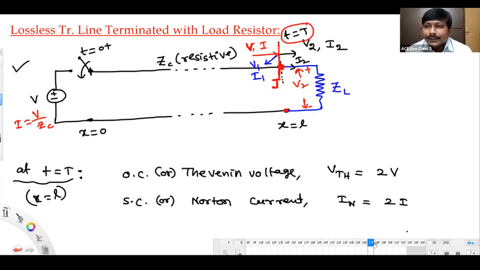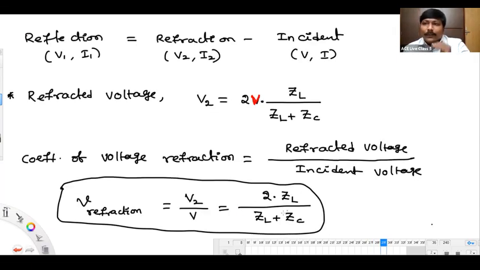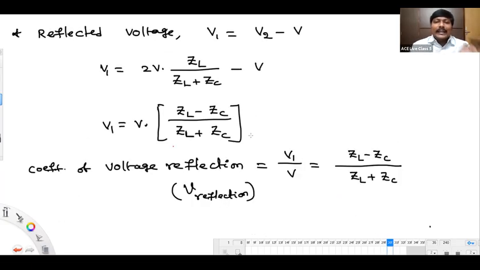I think all of you are getting it. At some other time, we have a different value of incident voltage, something like Vx. After Vx was incident, what is the refraction? Vx into the coefficient we have calculated, means Vx into 2 ZL by ZL plus ZC is the refracted value. The reflected voltage is Vx into ZL minus ZC by ZL plus ZC.